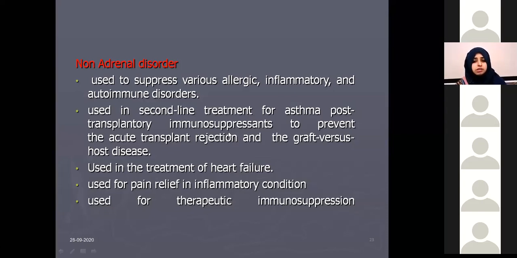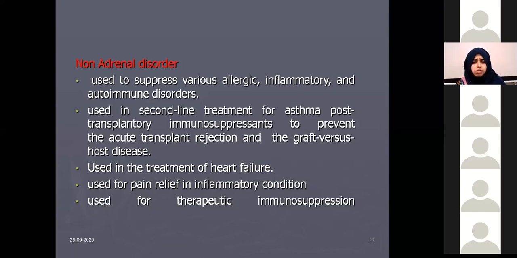It is used as a second line treatment for asthma, even in moderate asthma. You must have seen patients around you suffering from asthma being given steroids orally and in inhaled form as well, so it is very common.